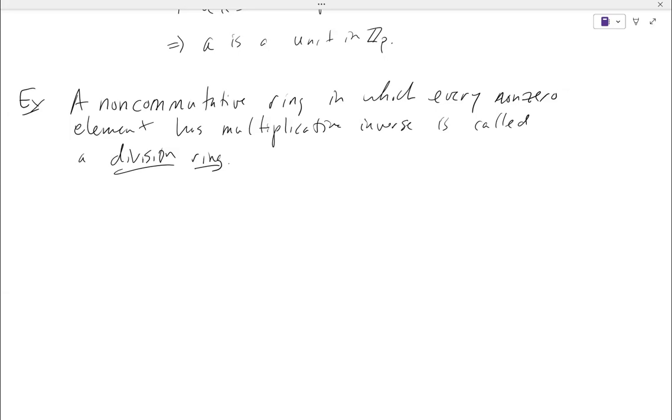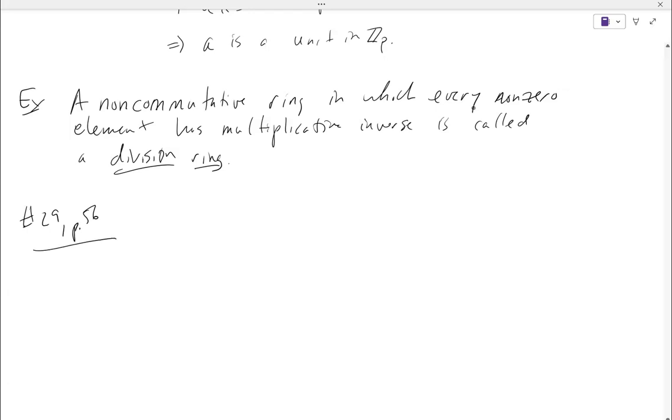All right, so let's just come up with some other examples, and then we'll do one more definition, and then we'll start doing some different properties of rings. So let's look at, this is number 29 on page 56.